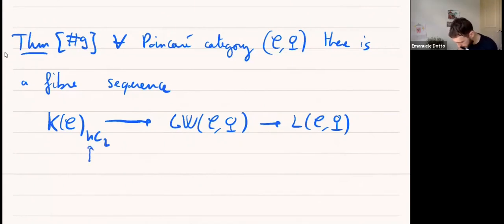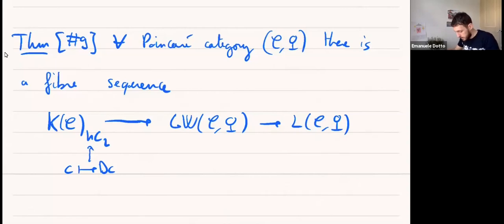So this is induced from sending P to the dual of P. Okay, so it comes from the fact that we have a Poincaré structure, but it depends only on the underlying duality and not really on Q itself. Okay, so we do have this fiber sequence.